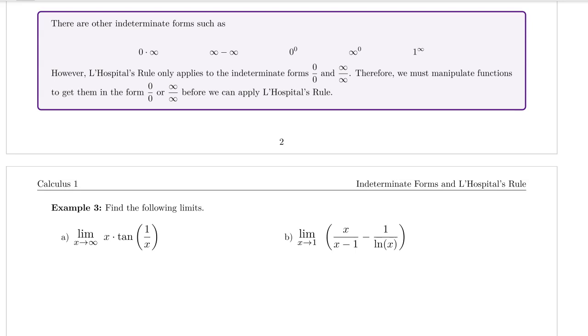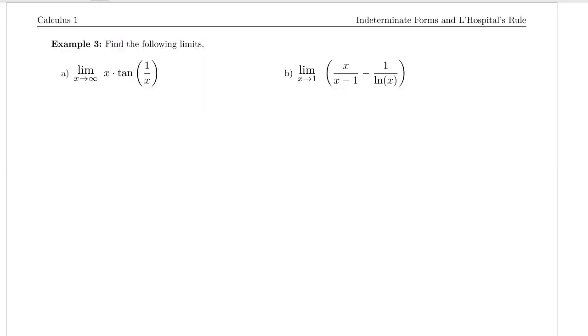Therefore, we must manipulate functions to get them into the form 0 over 0 or infinity over infinity before we can apply L'Hopital's rule. So let's see some examples of that. In example 3 here, we're asked to find the following limits.